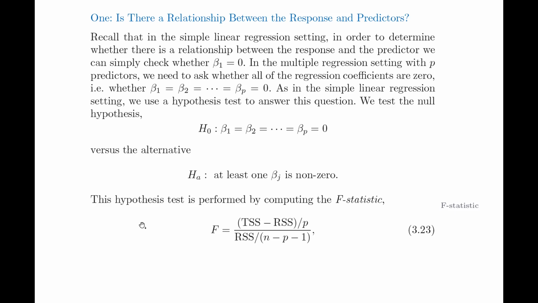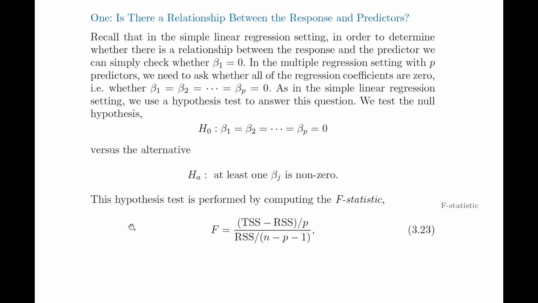This hypothesis test is performed by computing the F statistic, which unfortunately uses TSS, which we had done in one session, but very quickly towards its end. We might need to double back but let's see how much we can push forward.